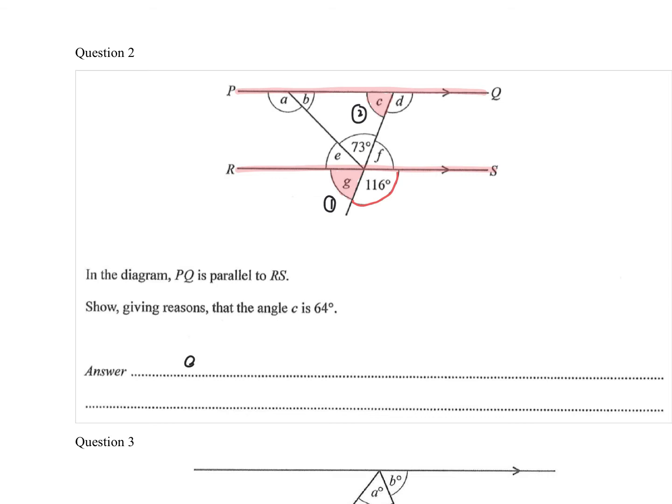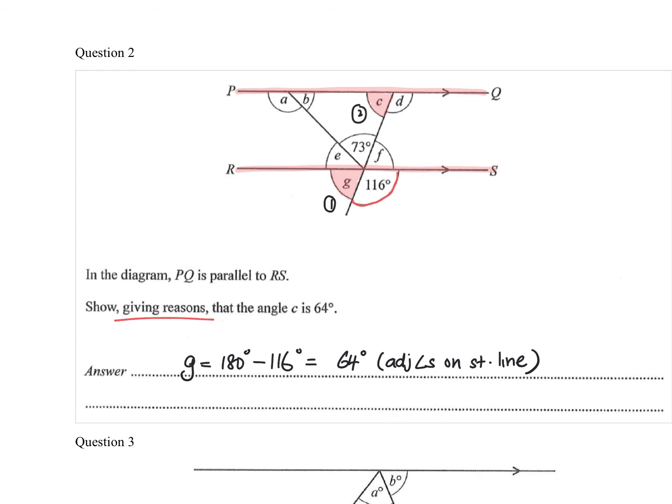So first one, angle G is equal to 180 minus 116 degrees, and that's 64 degrees. Giving the reasons, so state the reasons. This is called adjacent angles on a straight line.